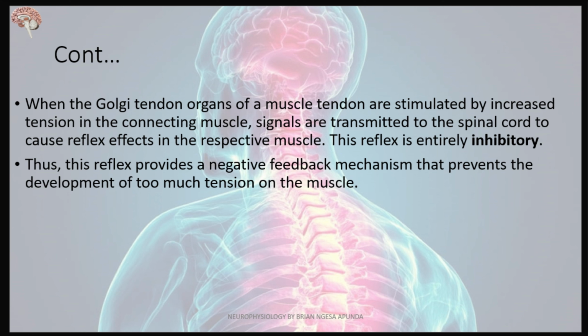So that inhibition represents the Golgi tendon reflex. So whenever there's too much contraction, we need a motor response that tells the muscle not to contract, and this is because we are seeing some form of inhibition.